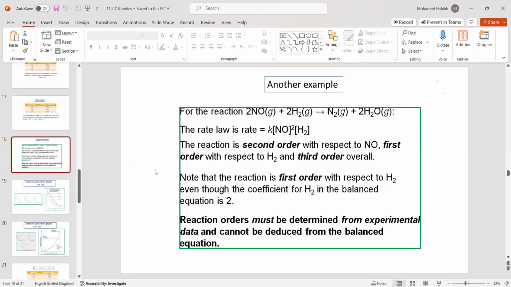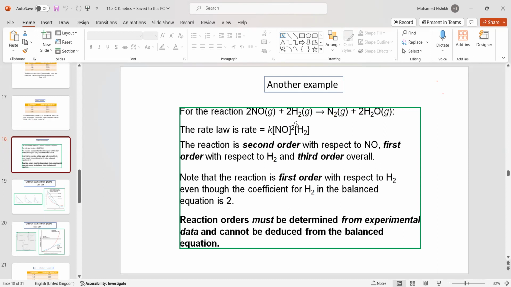Okay, now in this chemical equation, you are given the rate law or rate equation, and it tells you that rate equals a constant, and this constant is called the rate constant. And here the concentration of NO and the concentration of H2. Now, this 2 happened to be the same as this, but it's nothing to do with it.